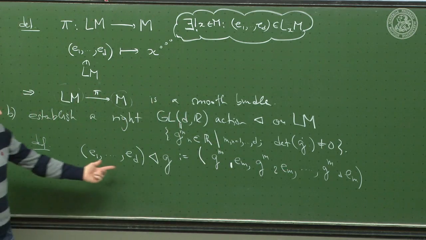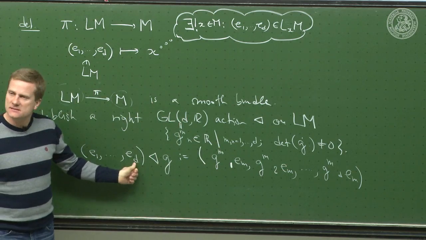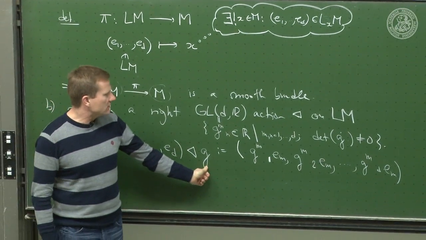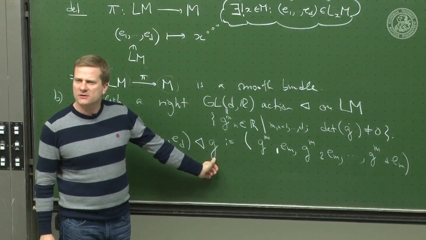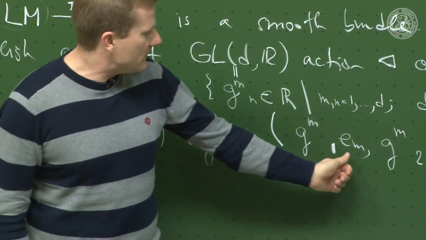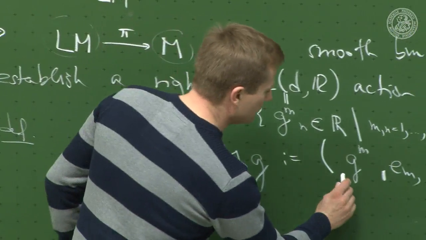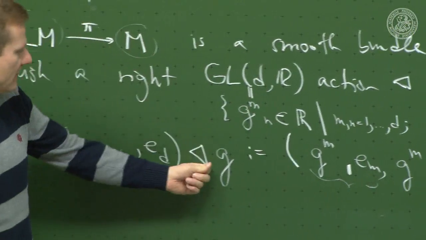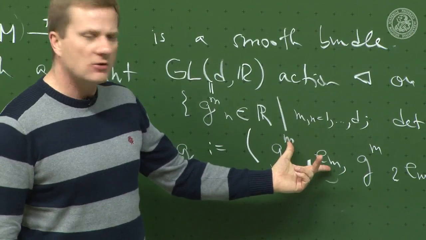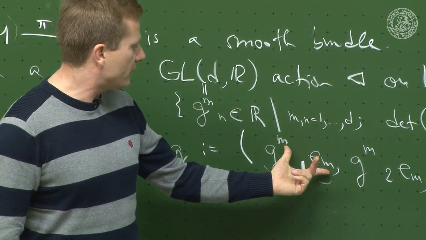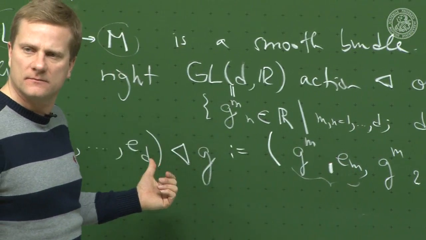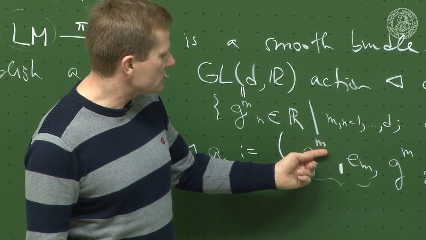Now what this of course is, you have a basis, and now you do a general linear transformation, an invertible transformation of the basis. So that means the new first basis vector, that's the new first frame vector after the action, is a linear combination of all the frame vectors e_m you have, right? And it produces one new one.